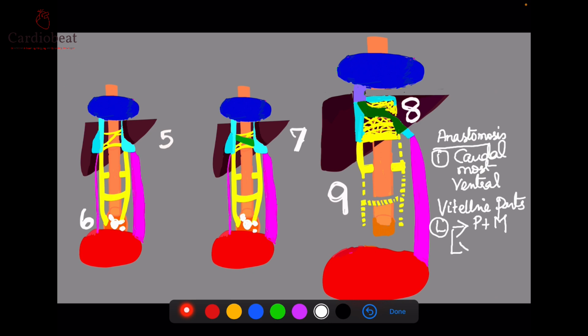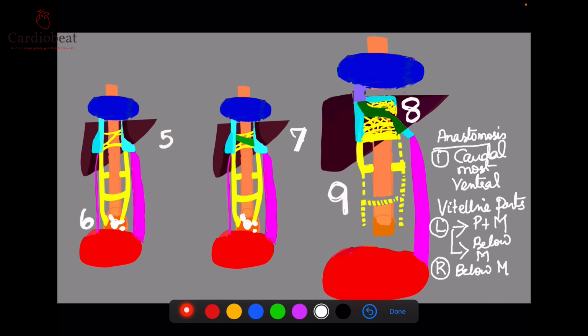Again on the left, the portion of the vitelline vein below the middle anastomosis. On the right, the part of the vitelline vein below the middle anastomosis.